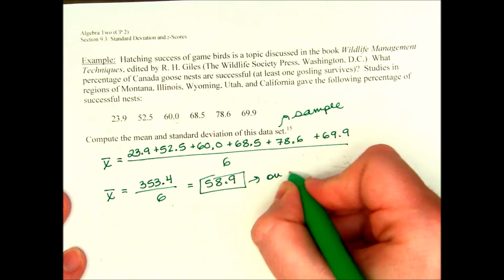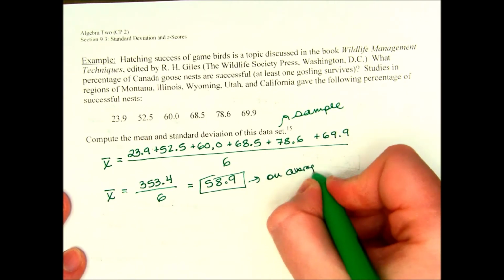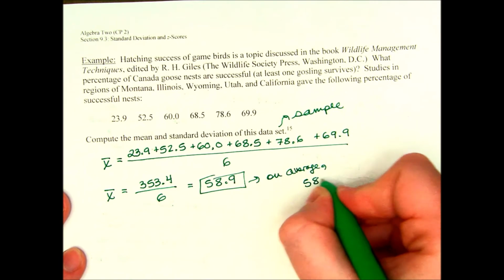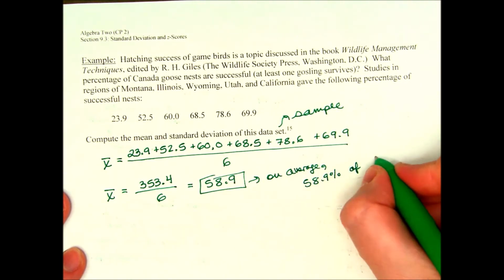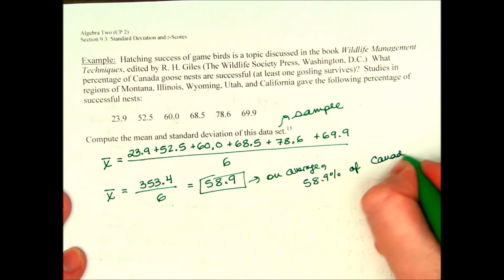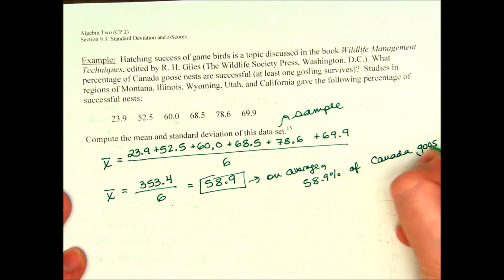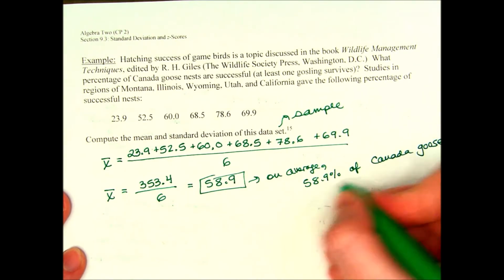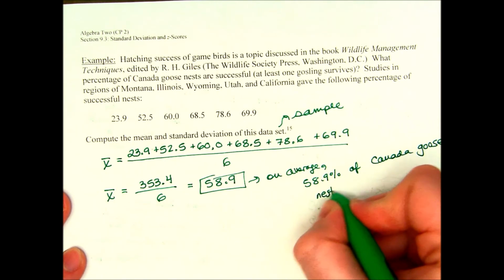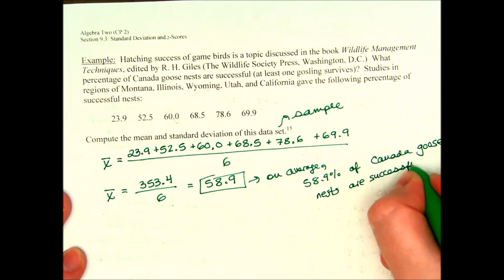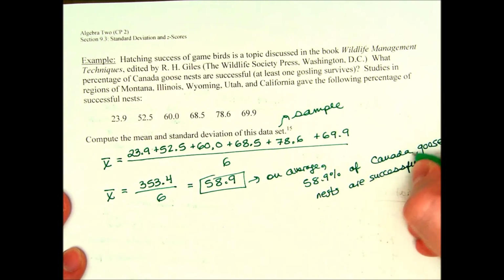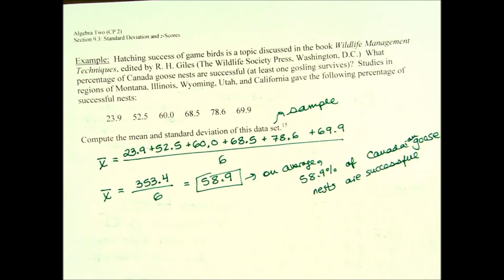On average, about 58.9% of Canada goose nests are successful. And that sounds weird. We're changing this to Canadian goose nests are successful. Normal average.